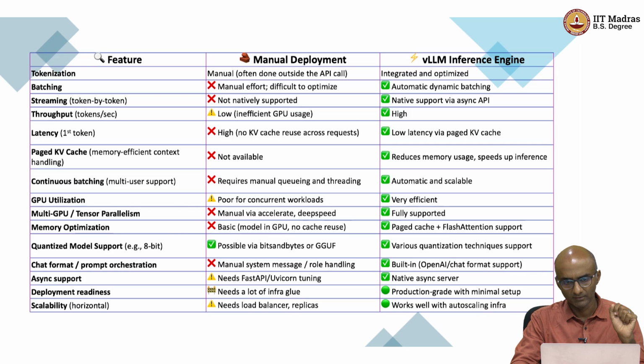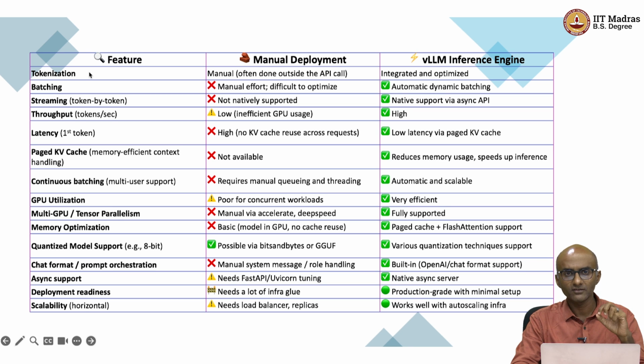In fact, if you compare what you would do with manual deployments, which means packaging your own containers or hosting APIs or shipping models by yourself, like what you would do with classical ML, that has a significant set of disadvantages compared to what vLLM, for instance, provides. So let's go through some of these features.